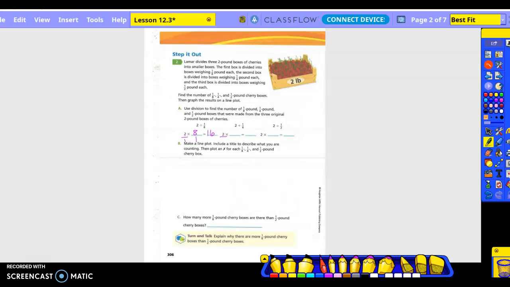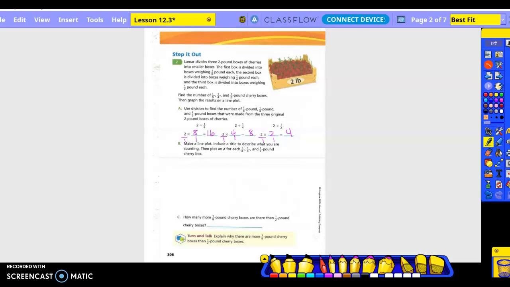Okay, so 2/1 times 4/1 becomes 8/1, which is also 8. Then they took the other 2-pound box and made it into smaller things of half-pound. So that becomes 2/1 times 2/1, which becomes 4.